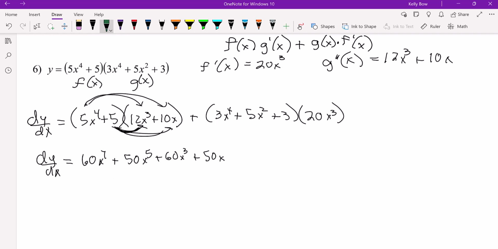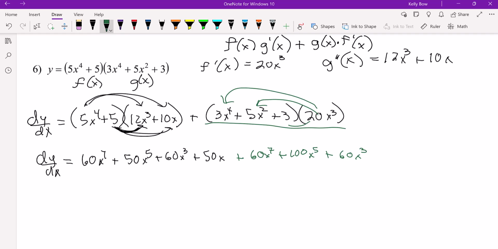Now we're going to switch to over here. So that looks like 60x to the seventh plus 100x to the fifth plus 60x cubed.